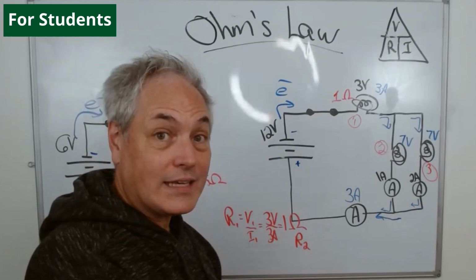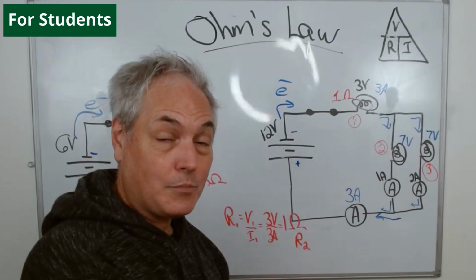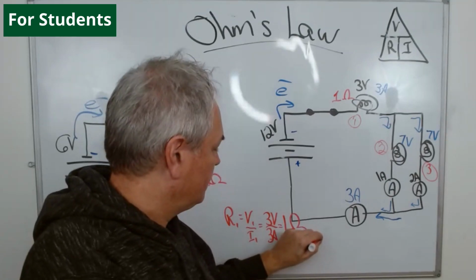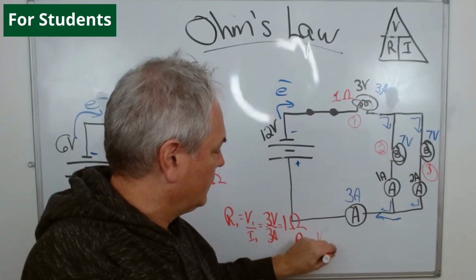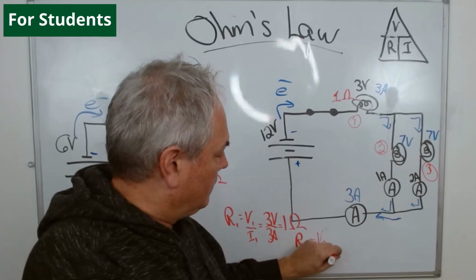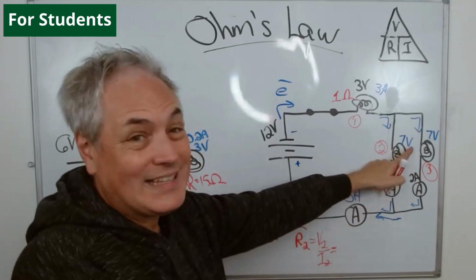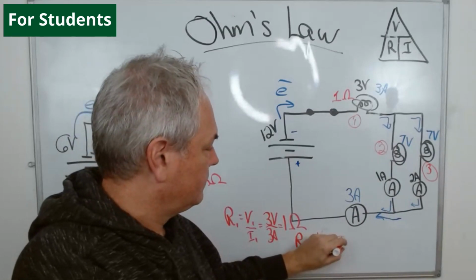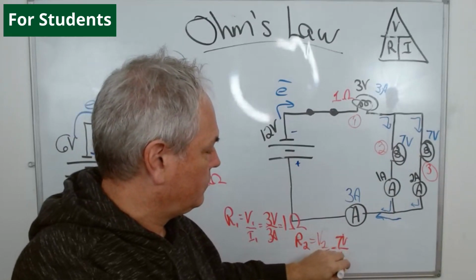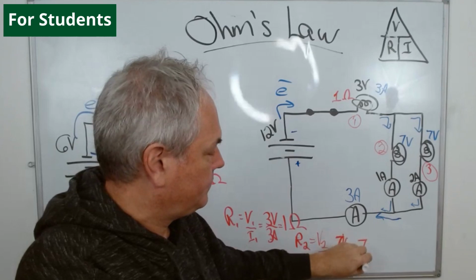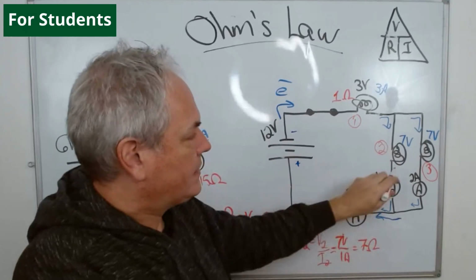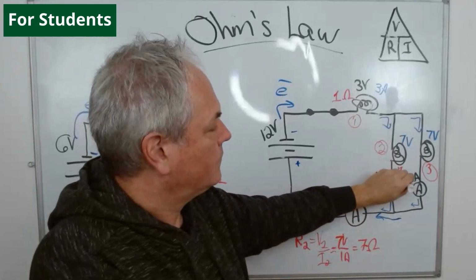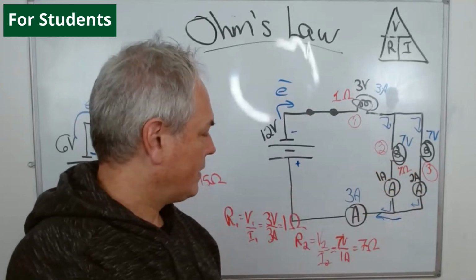The resistance at the second bulb will be the voltage at the second bulb divided by the current at that second bulb. So here we have 7 volts divided by 1 amp. So it seems that here we have a bulb that would be 7 ohms right there.